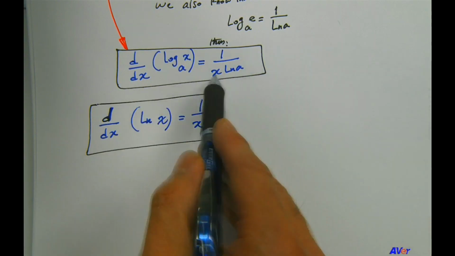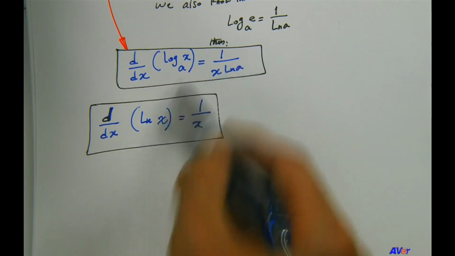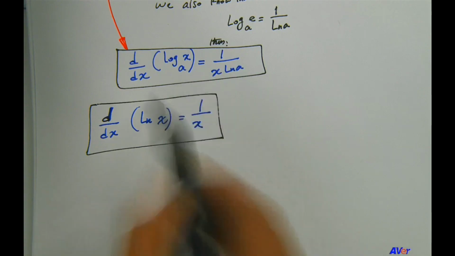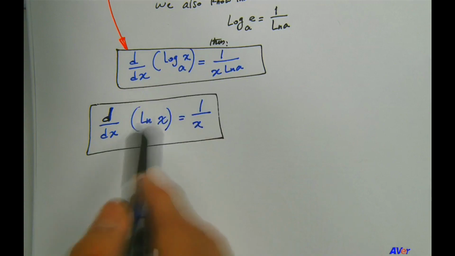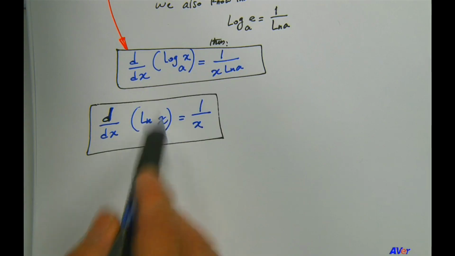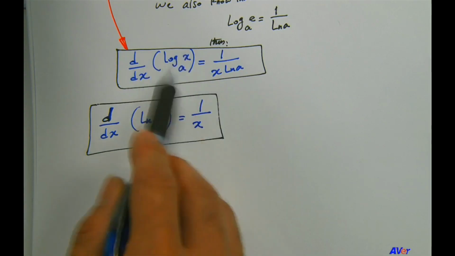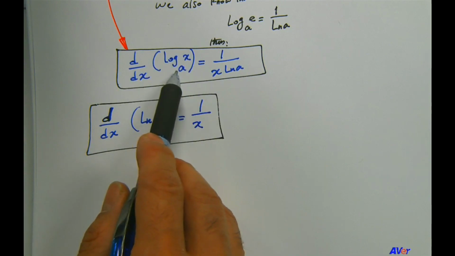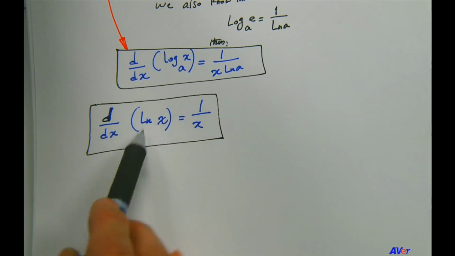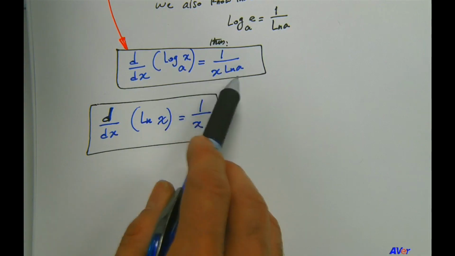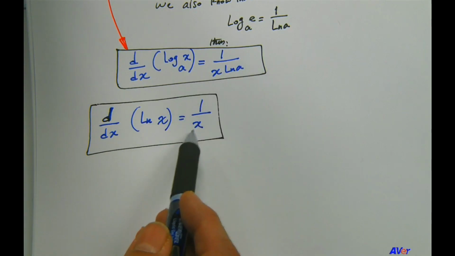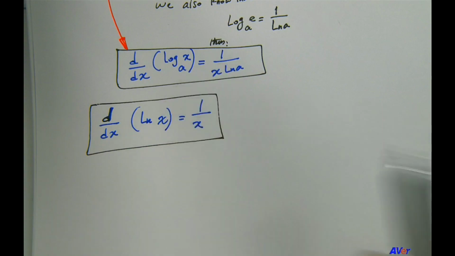So 1 times x is this. This is a simplification of that formula if you have natural log of x rather than log of x to some other base than e. Natural log of x has base e, which simplifies natural log of a to just 1, so we end up with 1 over x.